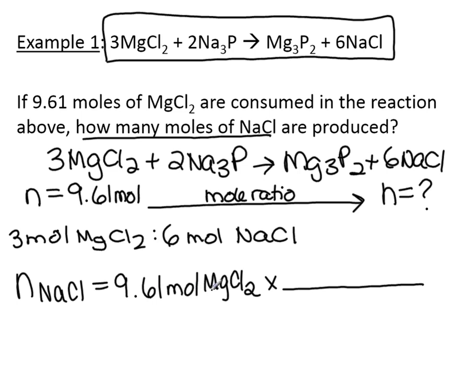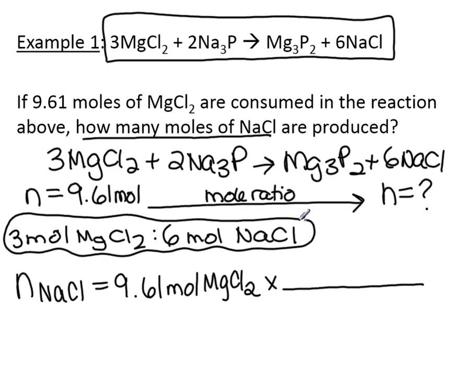I want to get rid of moles of magnesium chloride, and I want to end up with moles of sodium chloride. So here's my ratio, and I've got to put that now into my fraction format down here. If I've got moles of magnesium chloride in the numerator, I'm going to want to put moles of magnesium chloride in the denominator. How many do I have? I've got 3.